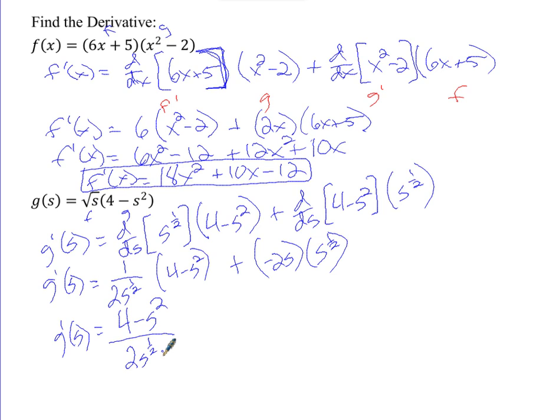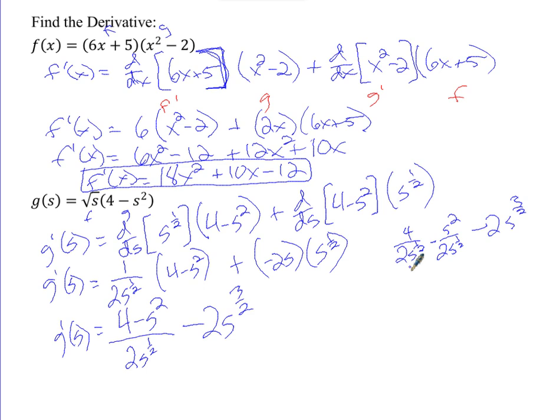Minus 3/2. So here's what happens. This denominator can be split and make two fractions here. So you wind up with 4 over 2s to the 1/2 minus s squared over 2s to the 1/2. That reduces. Then minus the 2s to the 3/2. Okay?